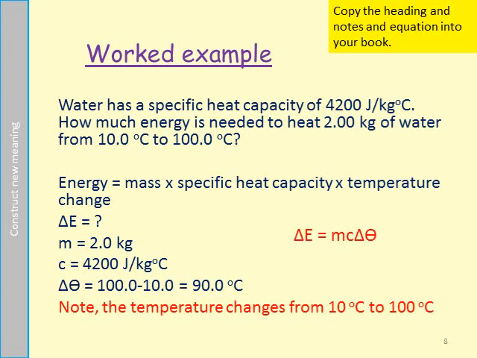So the right hand side now in red is giving you the worked example, the equation written with symbols, and then everything substituted in, and here is your answer, the change in energy, the amount of energy needed, and the unit of energy, very important, joules, always written with a capital J. If you're asked to give your answer in kilojoules, just remember there are 1,000 joules in 1 kilojoule.